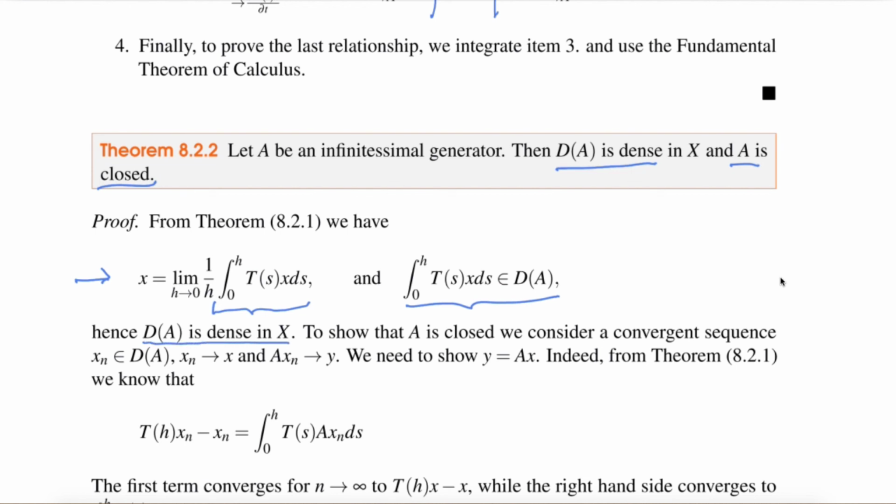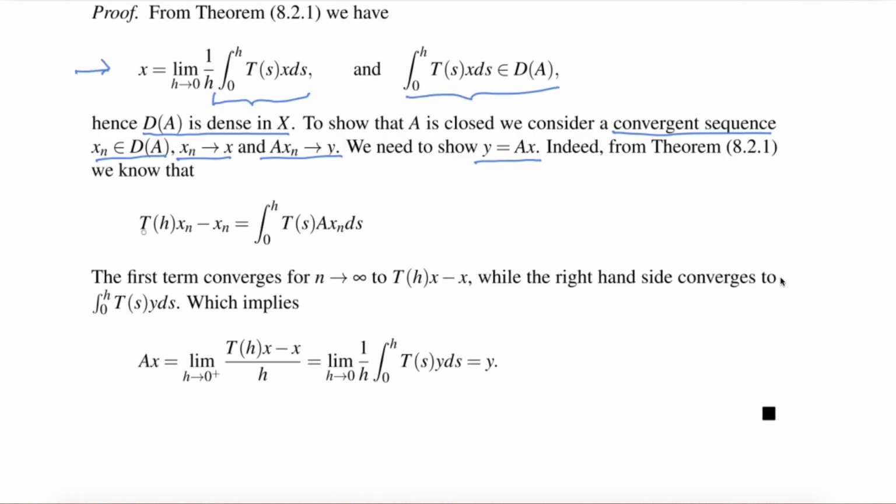So this is dense. Now for closedness, we consider a convergent sequence. x_n in the domain, x_n goes to x, A x_n goes to y. And we need to show that the limit is obeyed so that y is equal to A x. Yeah, and we use the previous theorem there. So one result says that T h x_n minus x_n equals the integral from 0 to h of T s A x_n.